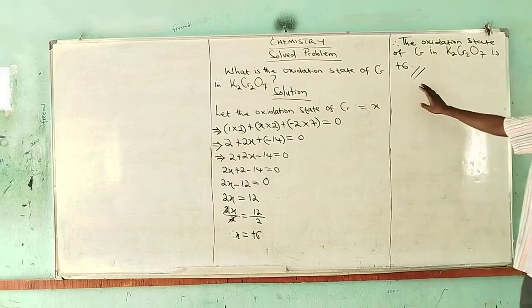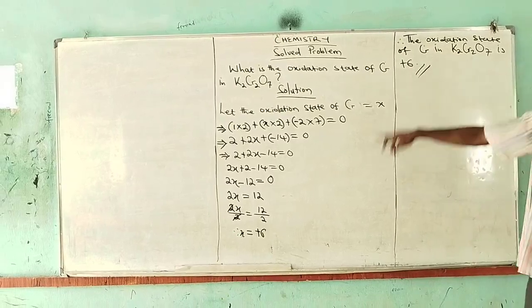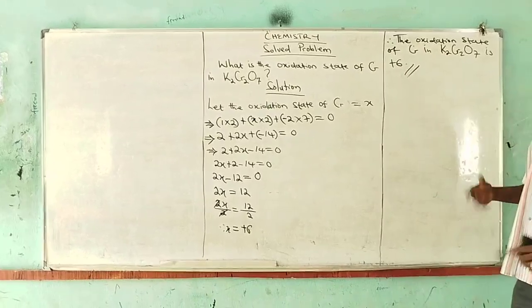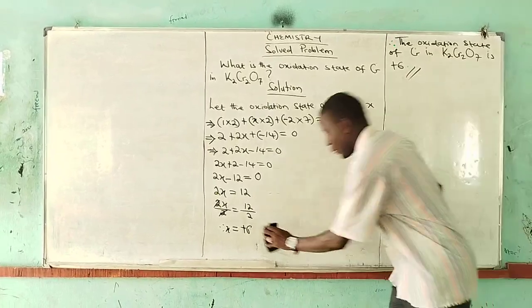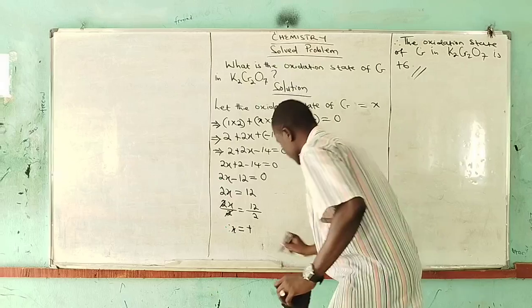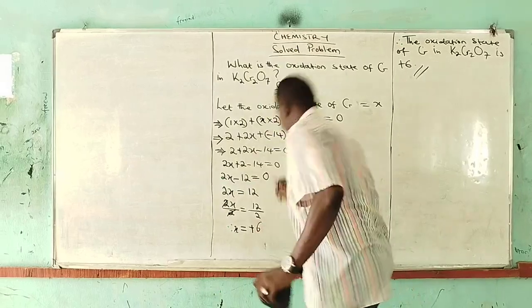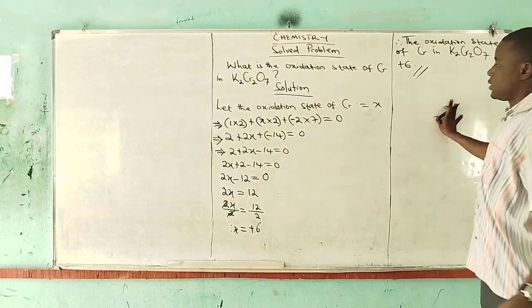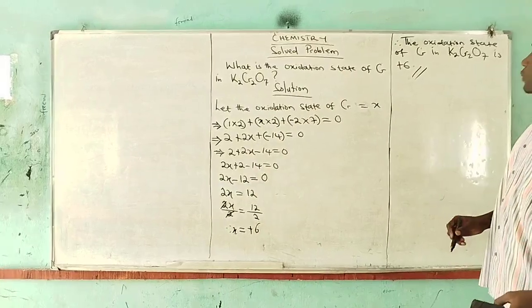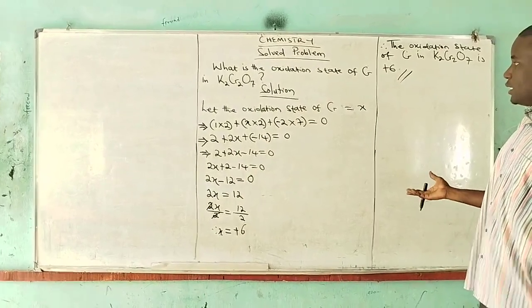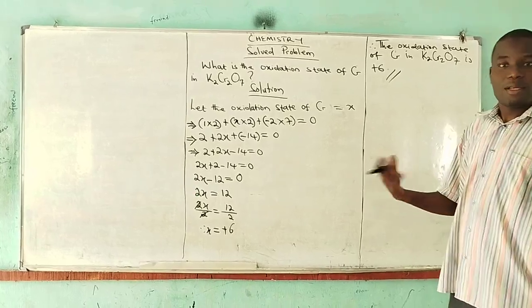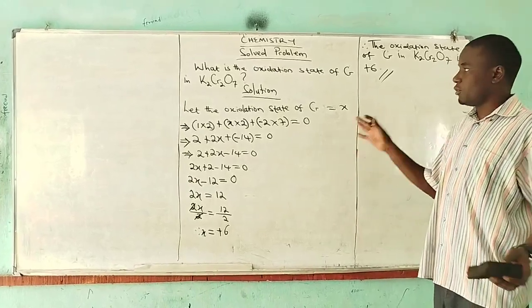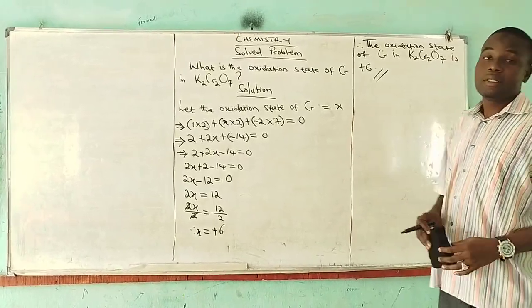The oxidation number of chromium is plus 6 since we found it to be positive, so we write 6 like that. So that is the end of this problem. As you can see, it is very easy. It has no confusion or anything like that. Thank you very much.